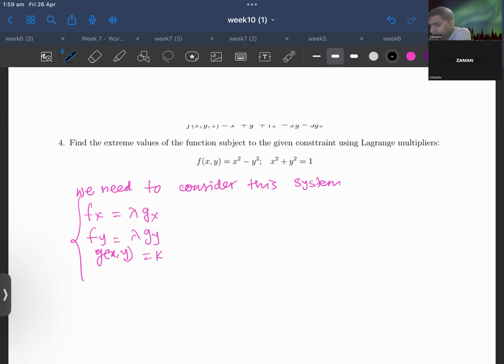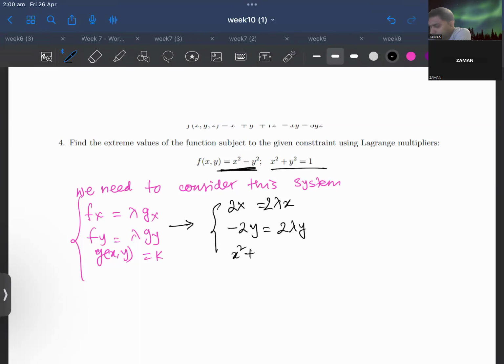So from here, we can write down 2x minus lambda, this is f_x and this is g_x, you can say, 2 lambda x, and minus 2y equal to 2 lambda y. And g(x,y) is like this. So from here you can write down g_x, g_y, and g(x,y), x squared plus y squared equal to 1.